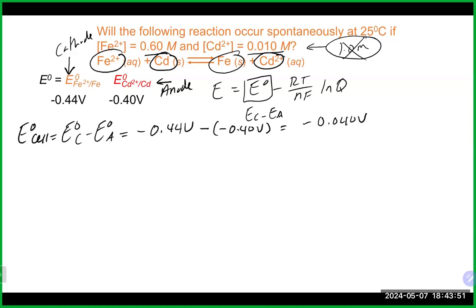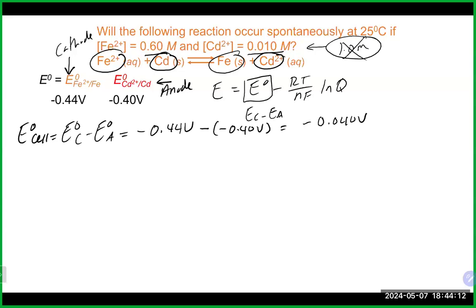So under standard conditions, is this reaction spontaneous? The answer is no, because our cell value there is negative, which will give us a positive delta G. So under standard conditions, everybody's at 1 molar, and this reaction should be non-spontaneous.